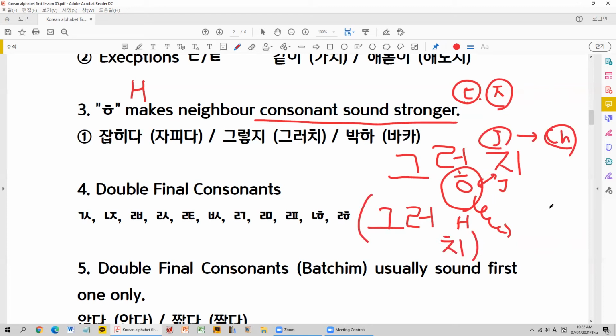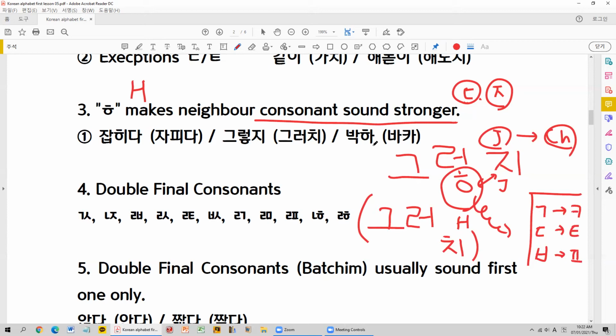So in the Korean language, this is a G sound. The stronger sound is a K sound. This is a D sound, but the stronger sound is a T sound. This one is usually a B sound, but stronger is a P sound.